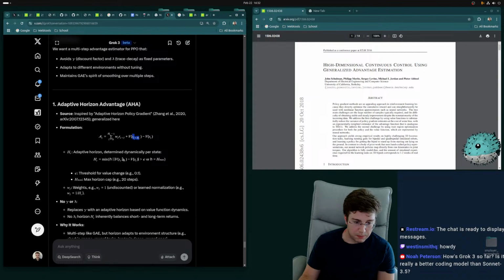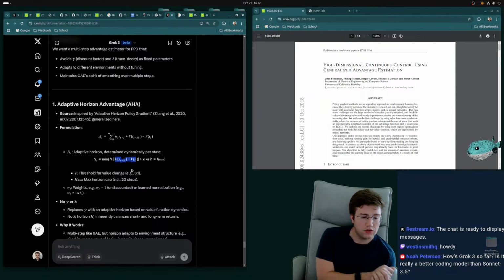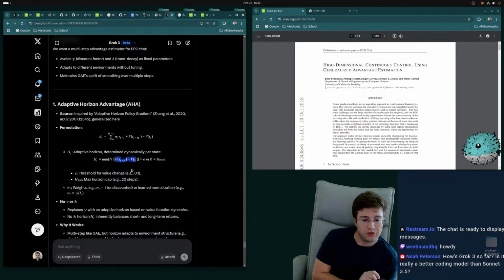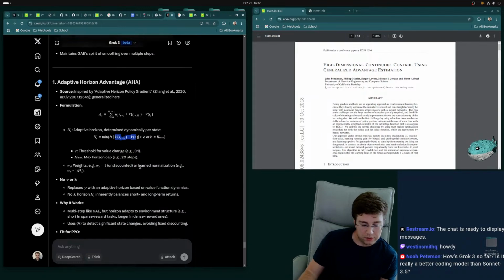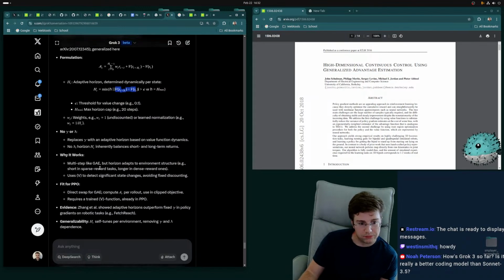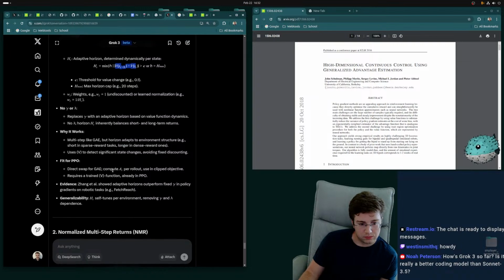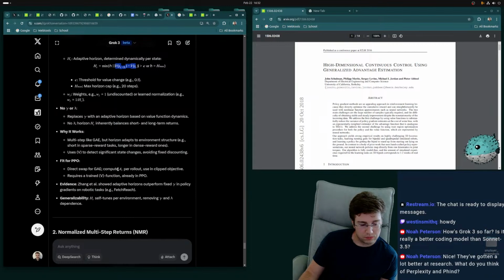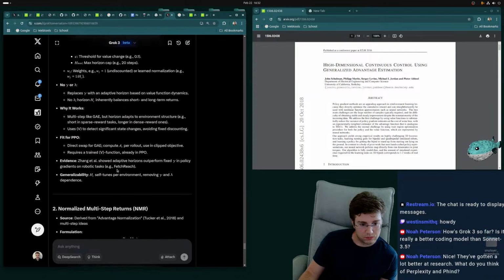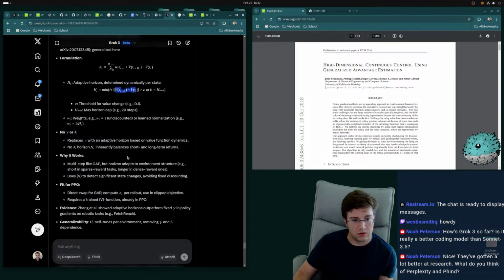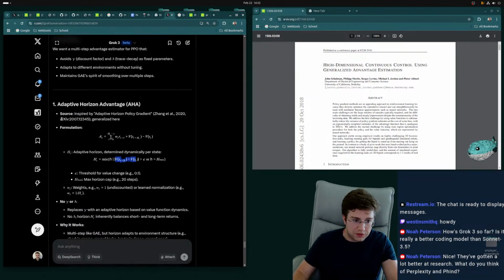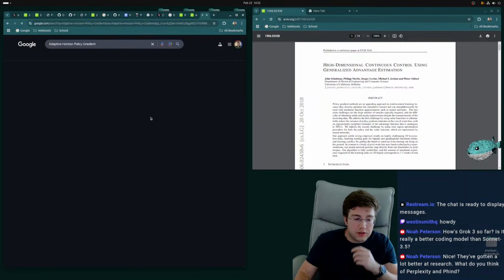Greater than epsilon. Okay, so that's interesting. That's very interesting. The problem here is I'm going to guess that these experiments suck. That's usually the problem.